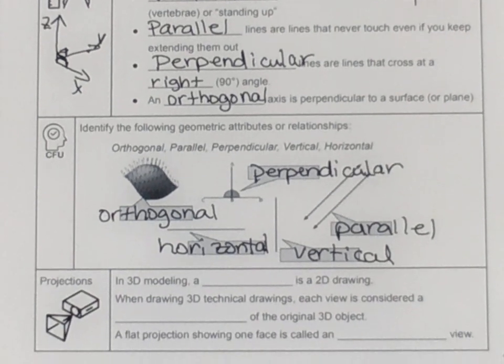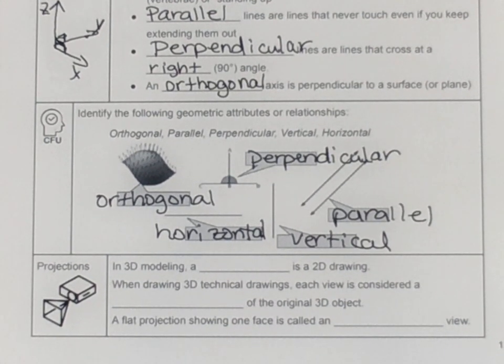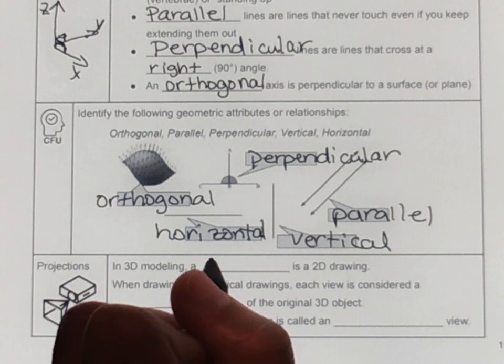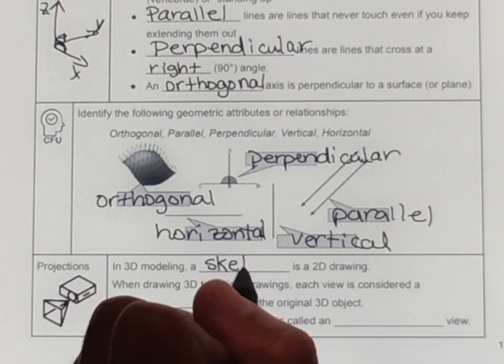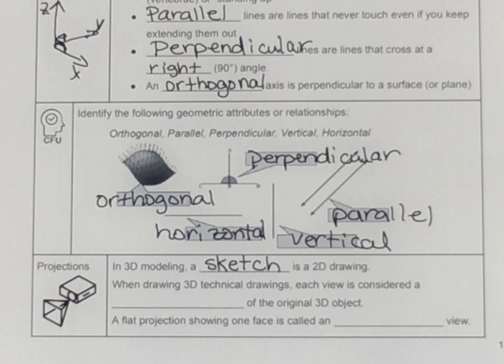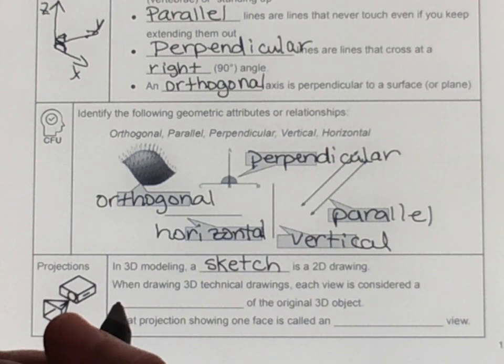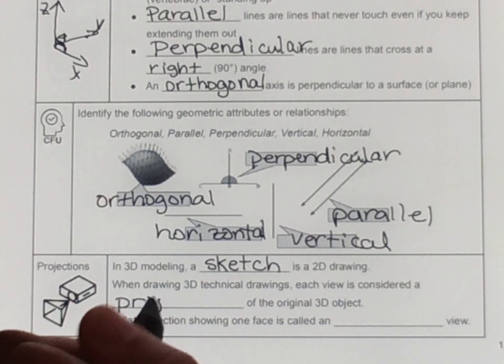Okay, so now when I talk about trying to represent a 3D model in 2 dimensions, I might often call that 2-dimensional drawing a sketch. And then the process of making that 3D object into a 2D representation of it is called a projection.